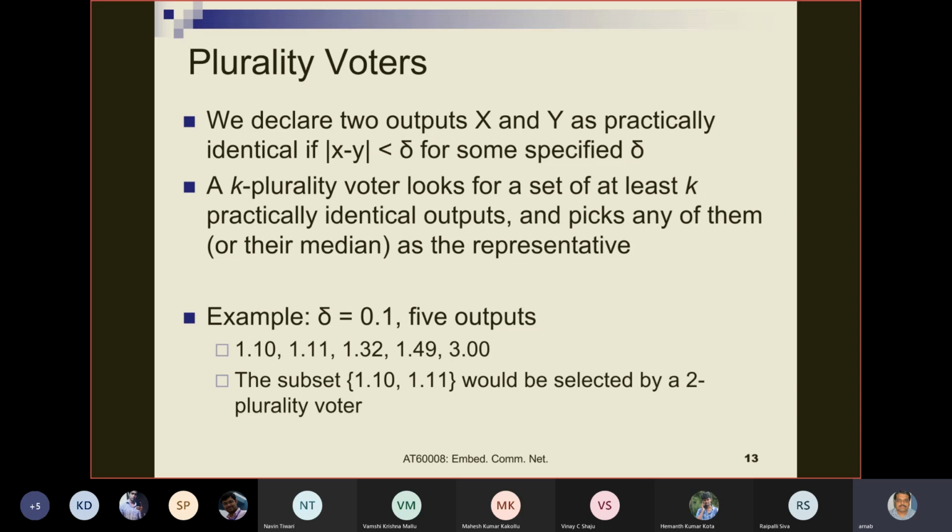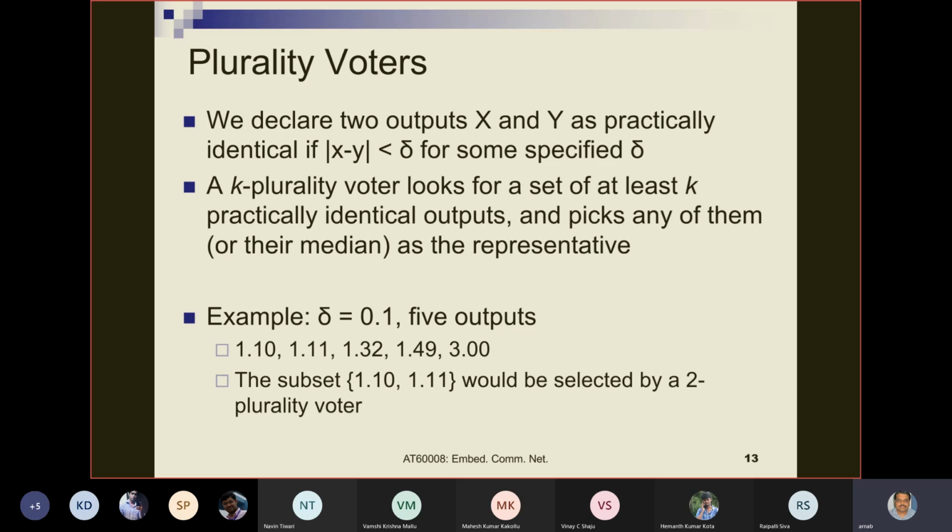Any one of these outputs must be practically identical to the remaining k minus 1 outputs. Only then will we say that you have at least k practically identical outputs. They are not transitively identical, right? And then it picks any of them as the representative output.